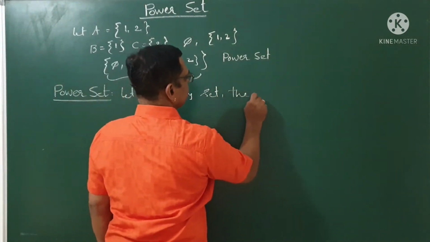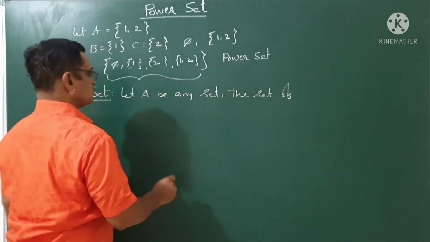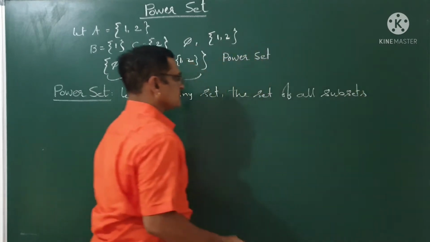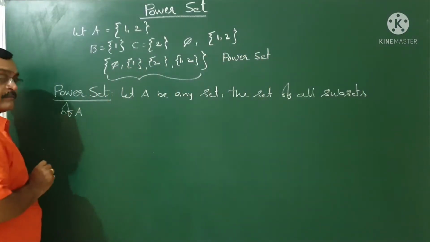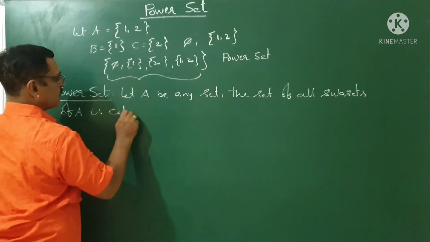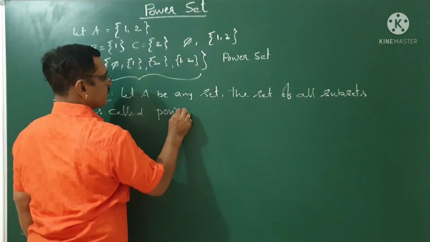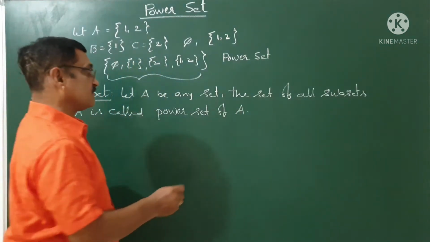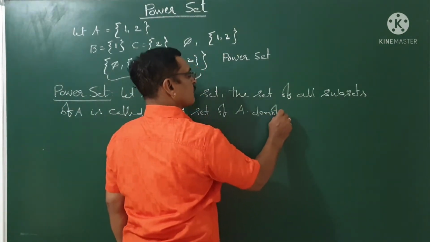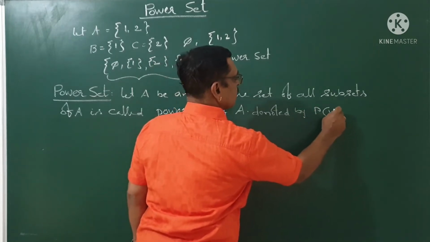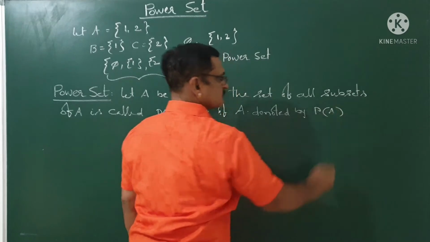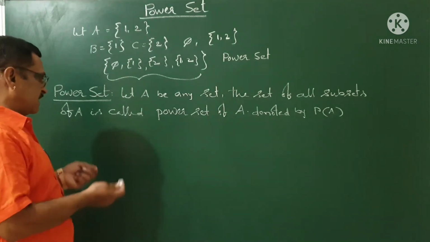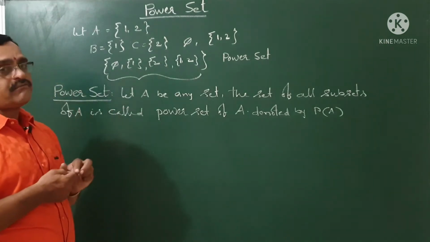The set of all subsets of A is called the power set of A. We have a symbol for this, denoted by P of A. So let A be any set, then the set of all subsets of A is called the power set of A, and denoted by P of A.